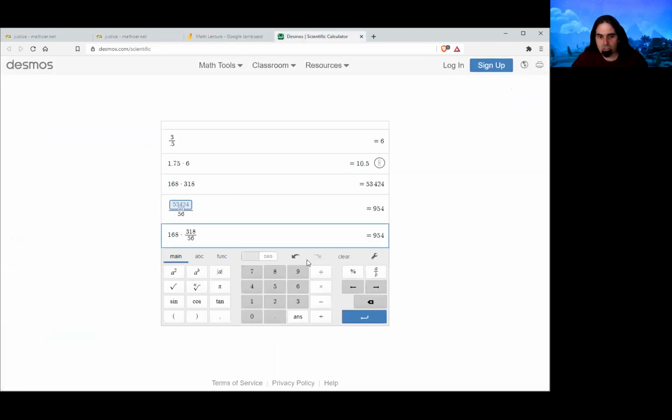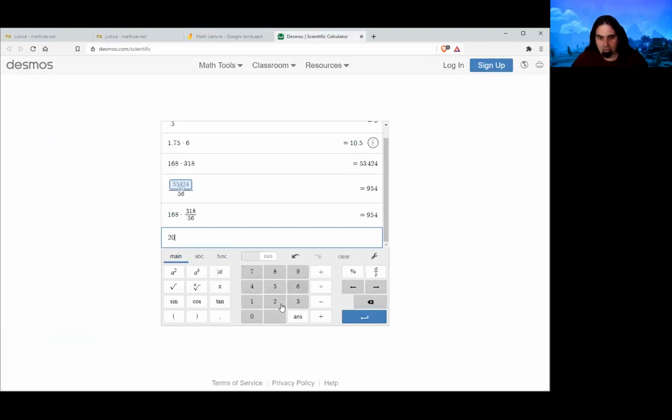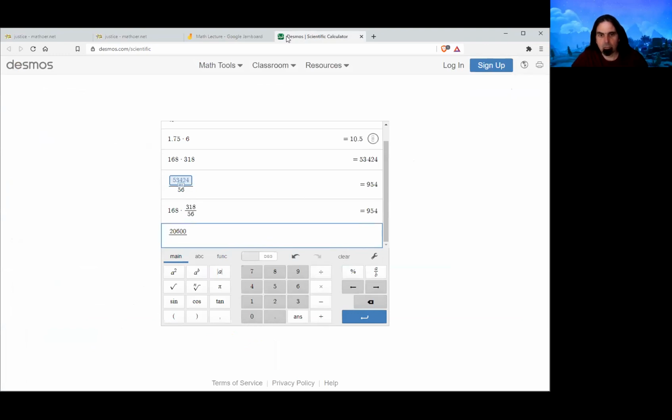So 20,600 divided by whatever that was, 180,700. Whoops, my calculator forgot where I was when I tabbed over. There we go. So it's about 0.11.